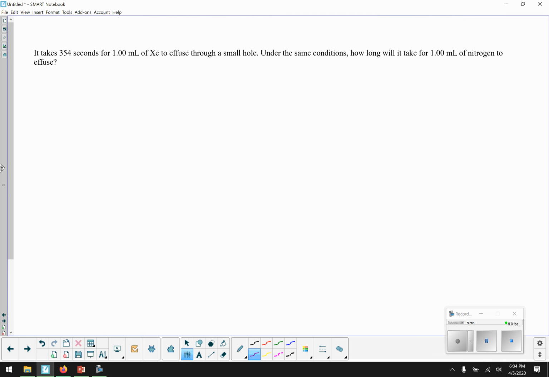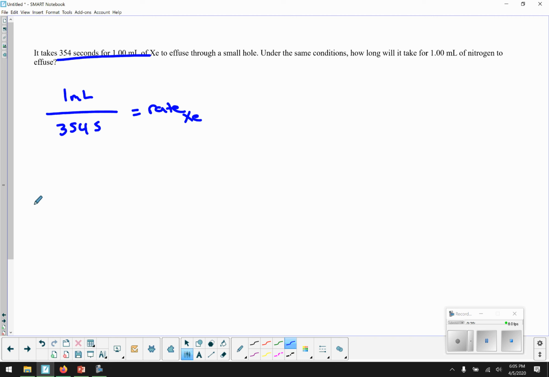So it takes 354 seconds for 1 milliliter of xenon gas to effuse through a small hole. Under the same conditions, how long will it take for 1 milliliter of nitrogen to effuse? So this is a rate, 1 milliliter per 354 seconds, equals the rate of xenon.